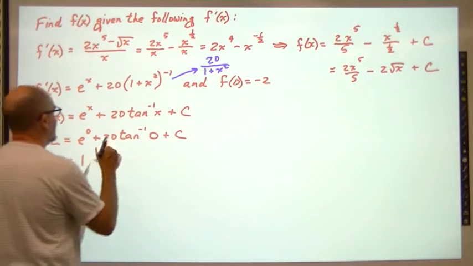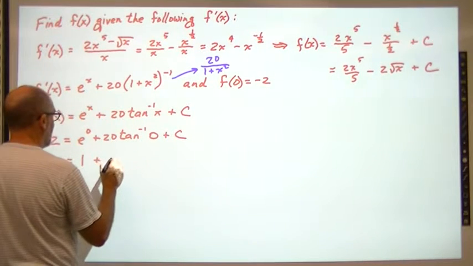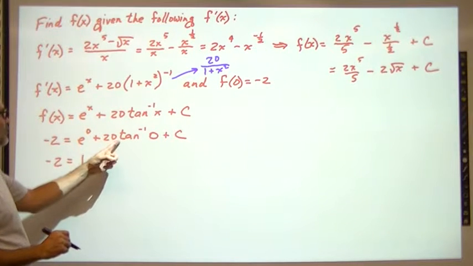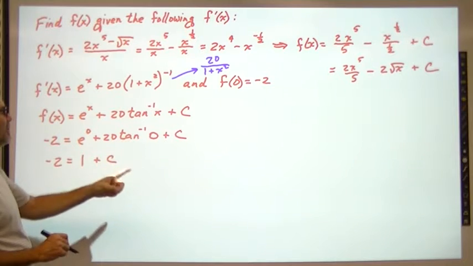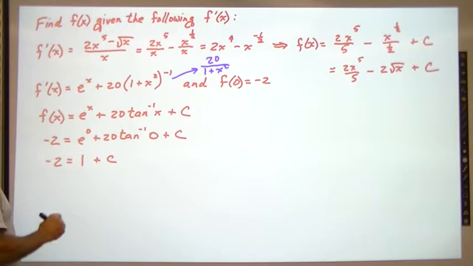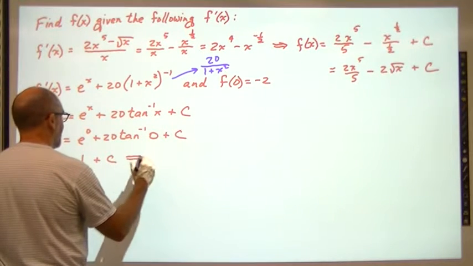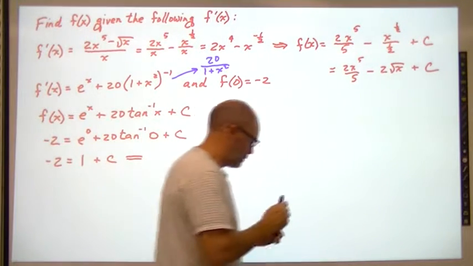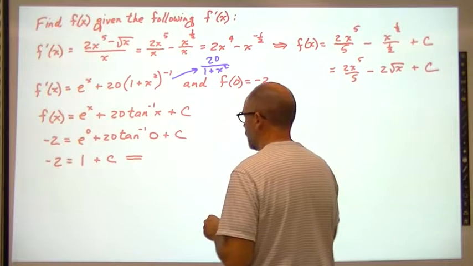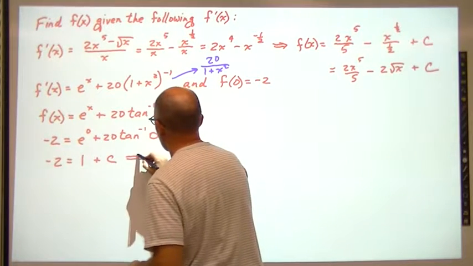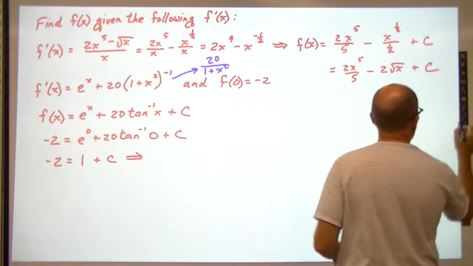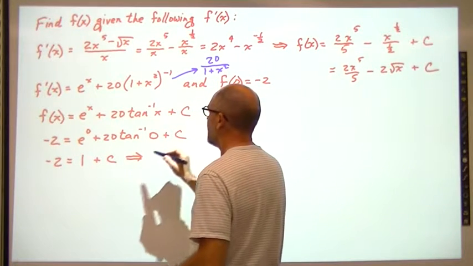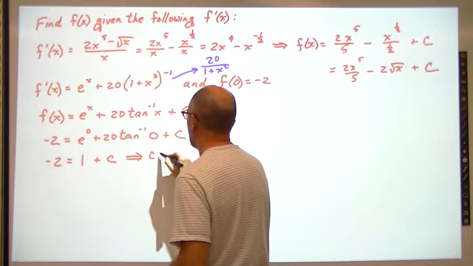So tangent of 0 is 0, so that means we have e to the 0 is 1, 20 inverse tangent of 0 is 20 times 0 plus c. So that means c equals negative 3.